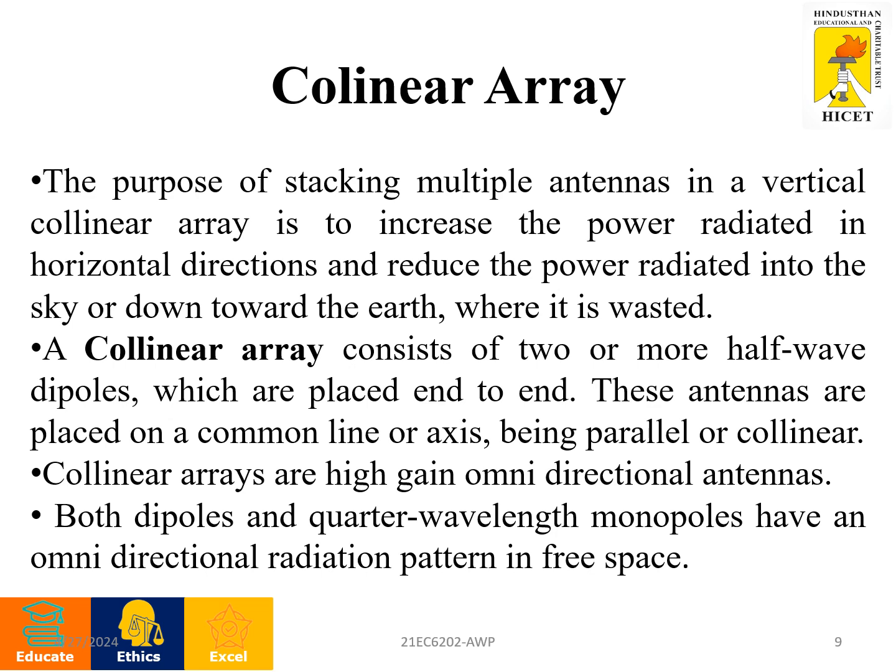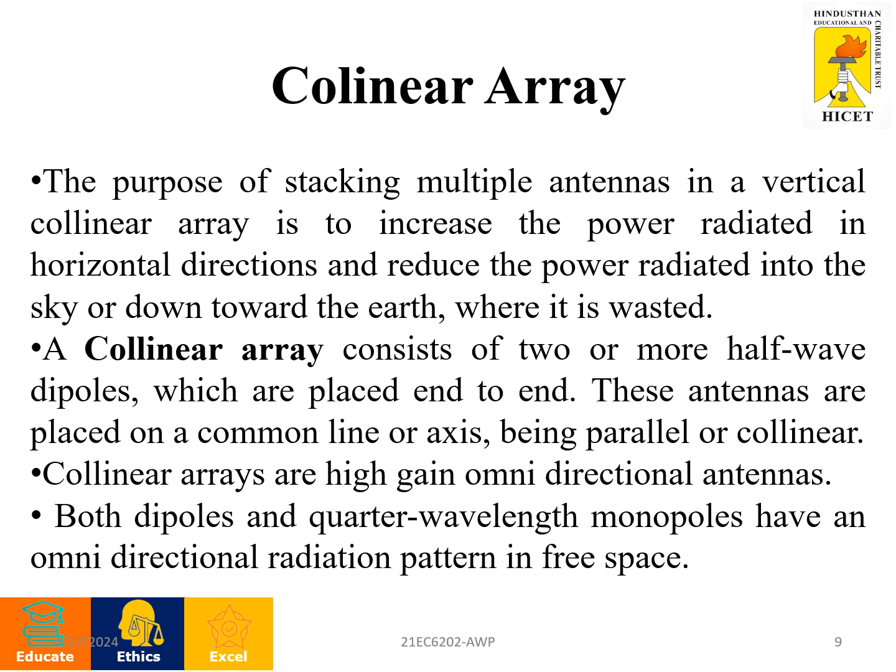And the third antenna array category is the collinear array. The purpose of stacking multiple antennas in a vertical collinear array is to increase the power radiated in a horizontal direction and reduce the power radiated into the sky or down toward the earth where it is wasted. A collinear array consists of two or more half-wave dipoles placed end to end. These antennas are placed on a common line or axis, being parallel or collinear.